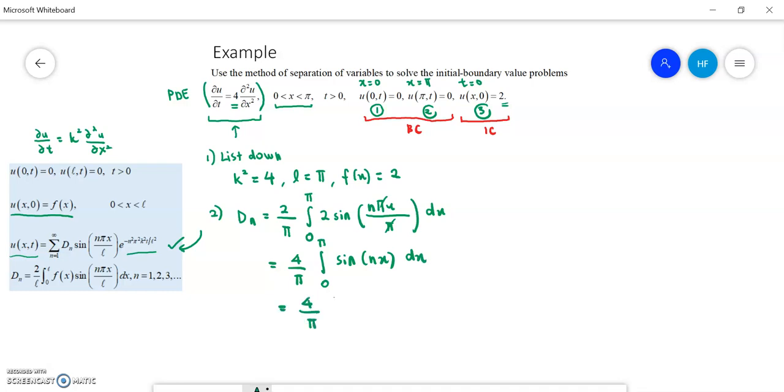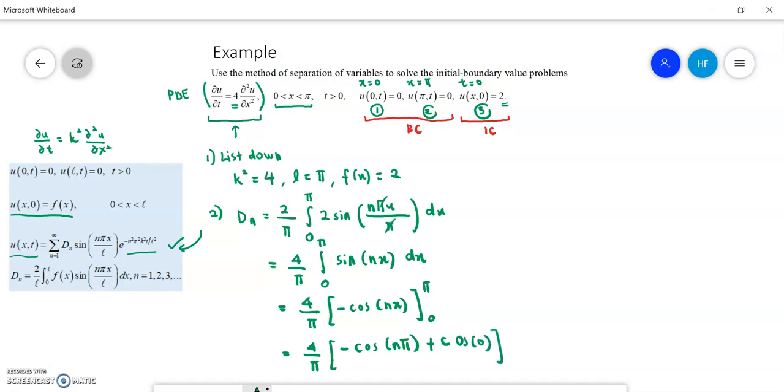So integrating sine nx, we get negative cos nx, where the limit is from 0 up to pi. Then substituting, we get 4 over pi times negative cos n pi minus negative, which becomes positive, cos 0, and cos 0 is equal to 1.